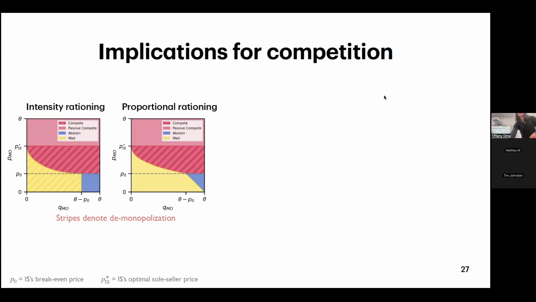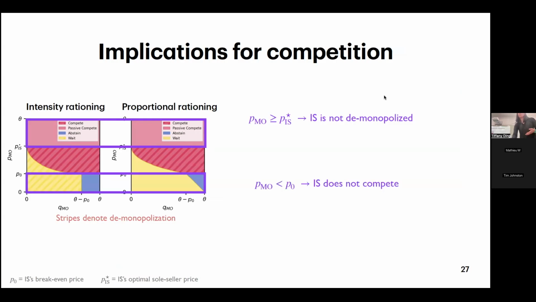Okay. Now I'll talk a little bit about the implications for competition. When the marketplace operator sets a price above P star, the independent seller is not demonopolized. That's probably not good. But also when the price is too low, the independent seller does not compete, which is also maybe not so good.